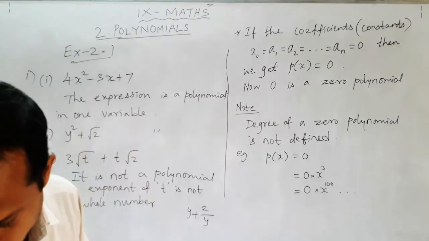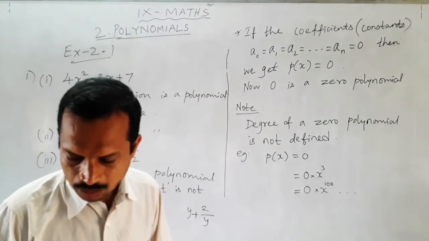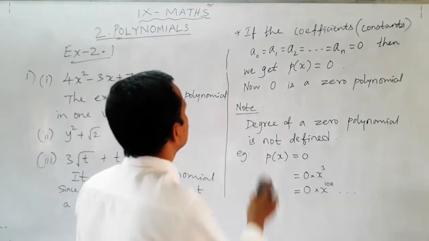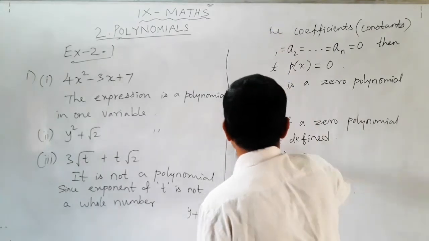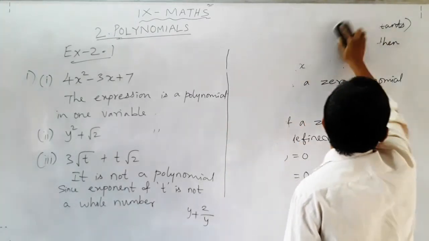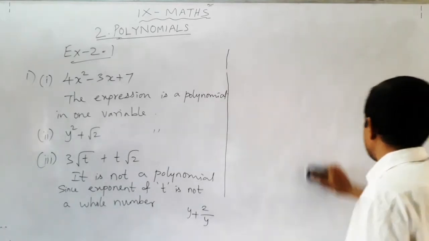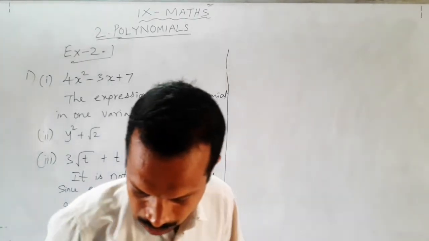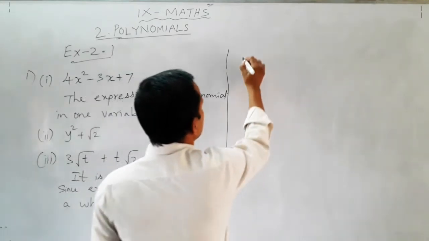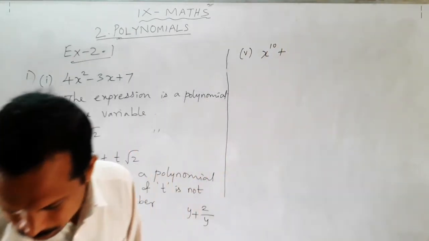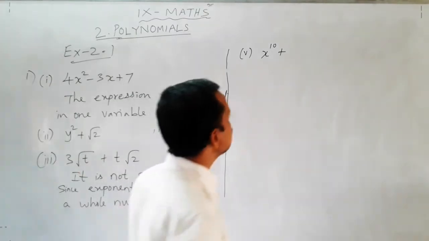And then coming to the next one, x power 10 plus y cube plus t power 50. So for that we have to take, it is not a polynomial in one variable. You see x, y, t. So 3 variables are used there, but it is a polynomial. Clear?